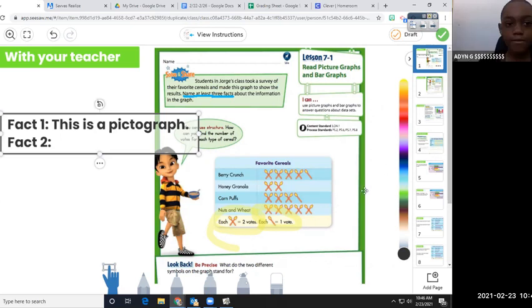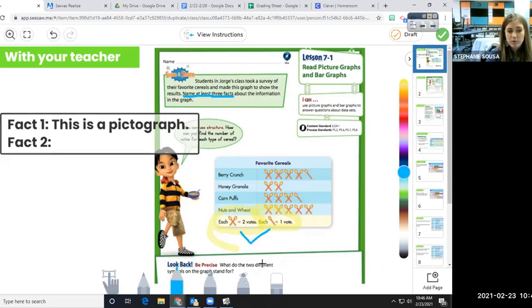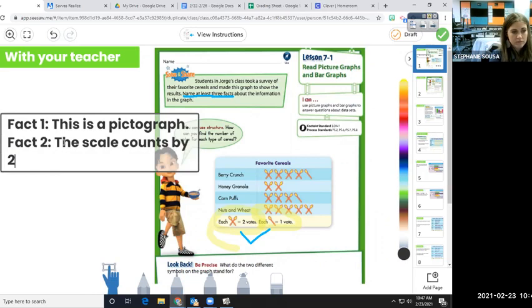And 1 spoon equals 1. Awesome. So on pictographs, we do see sometimes that half of a picture represents half of the amount. When the spoons are crossed, that picture is showing us that this counts as 2 votes. When there is a lone spoon, that is counting as 1 vote. So fact, the scale counts by 2.